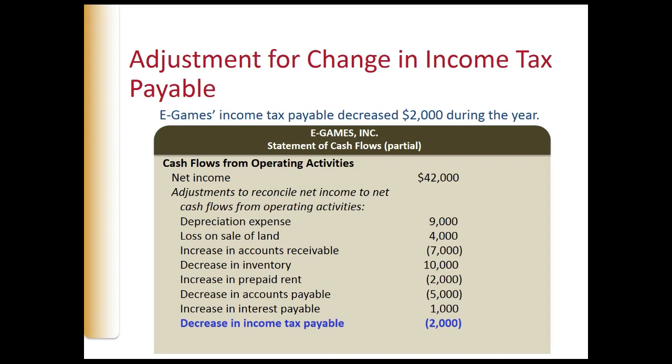To adjust for cash being lower by $2,000, we subtract the decrease in income tax payable from net income. Now this slide shows the adjustment and calculates total net cash flows from operating activities of $50,000.